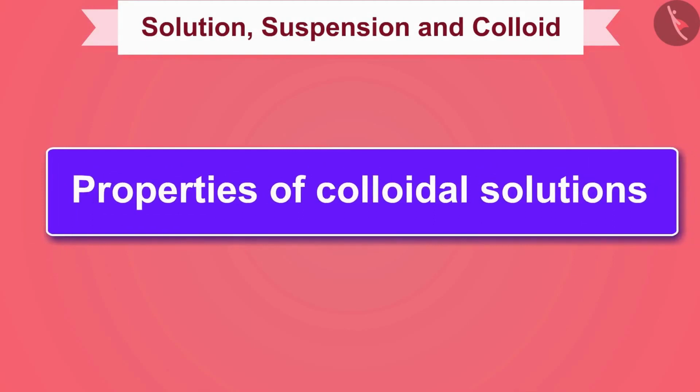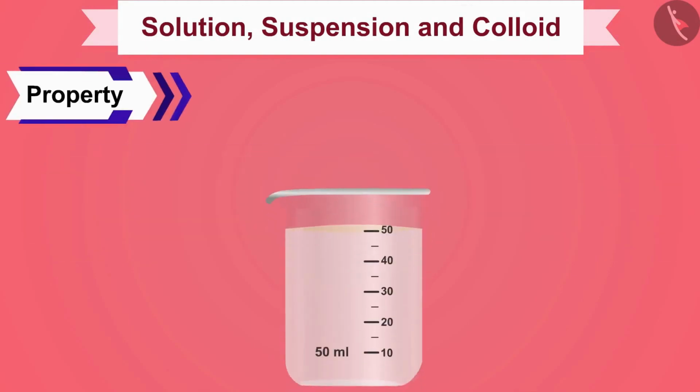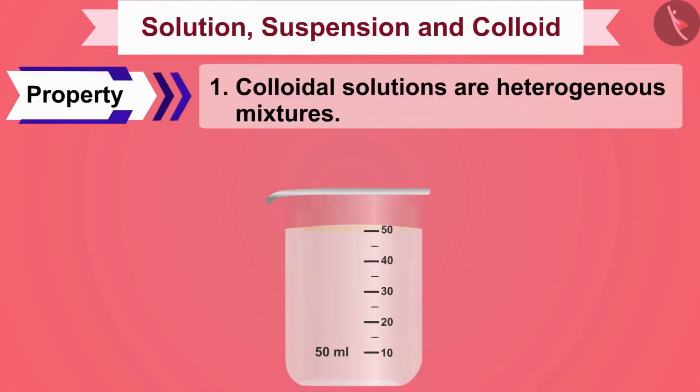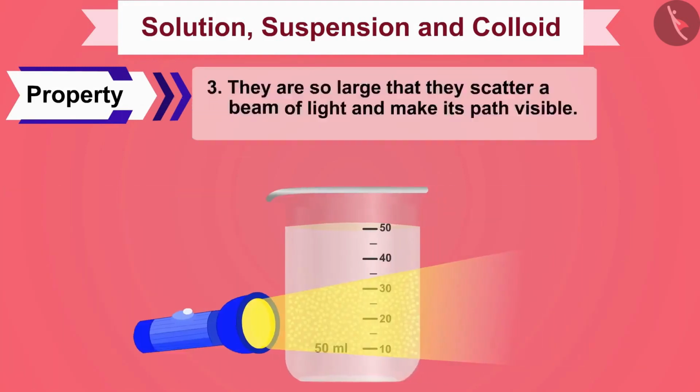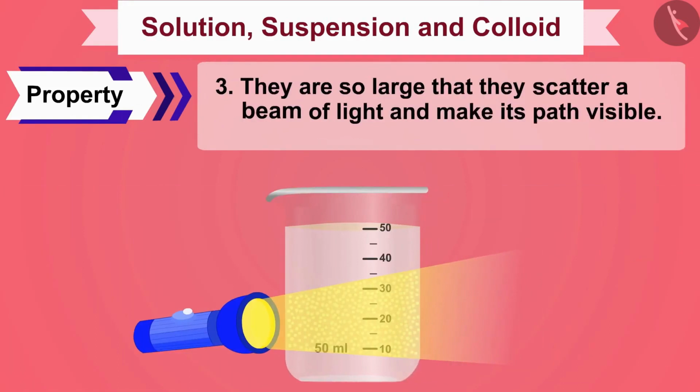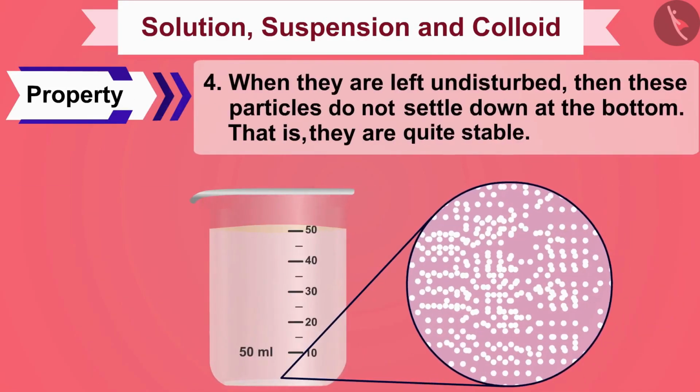By this activity, we can conclude that 1. Colloidal solutions are heterogeneous mixtures. 2. Colloid particles are so small in size that they cannot be seen separately by the naked eye. 3. They are large enough to scatter a beam of light and make its path visible. 4.